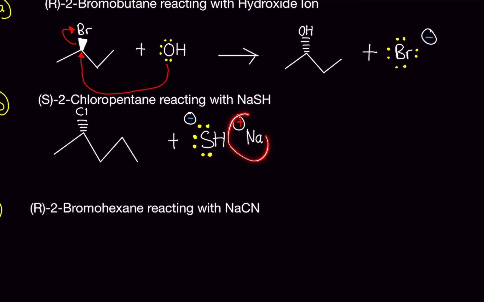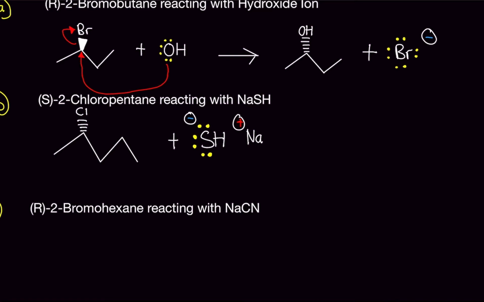There's no electrons that's really associated with this sodium. It's the sulfur that has all the electrons. So this is what's going to act as the nucleophile. So when you do these mechanisms, you really only need to worry about what is reacting with what. Since the sodium is not reacting with anything, you don't really need to draw it in. But just for the sake of the example here, I'm showing you.